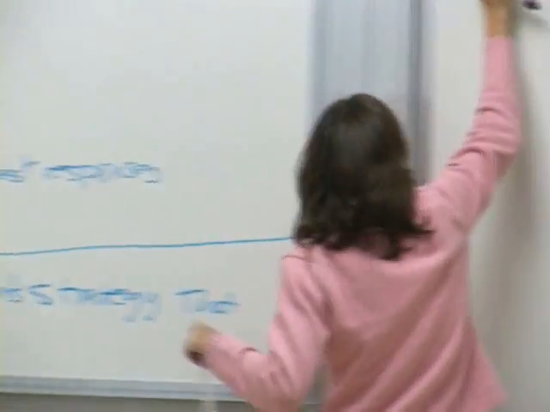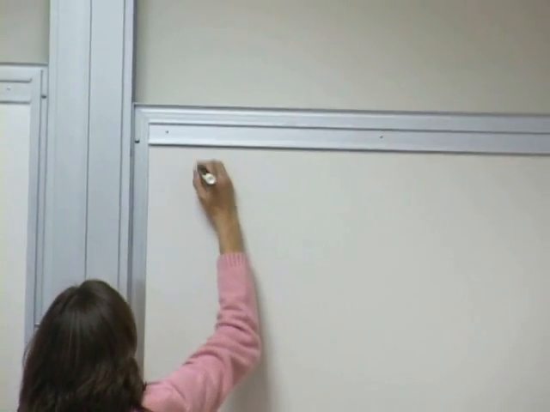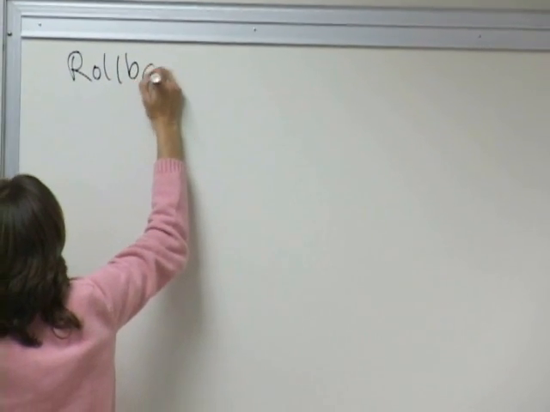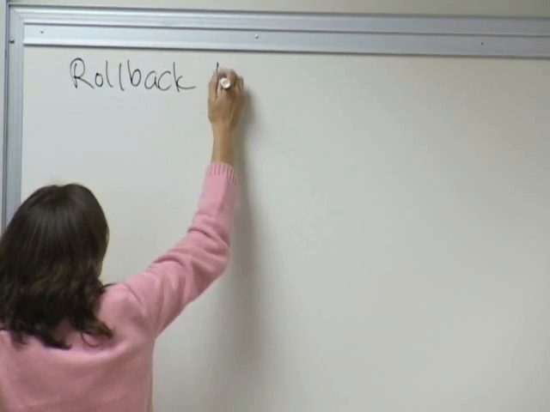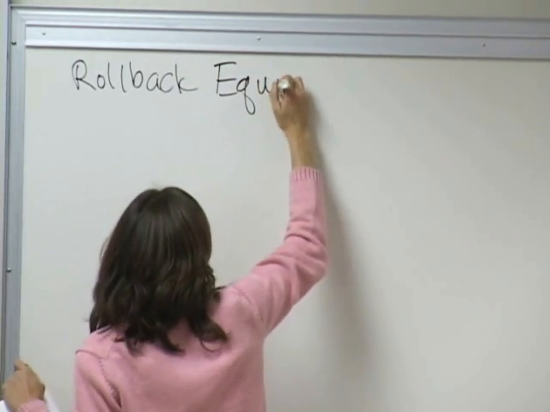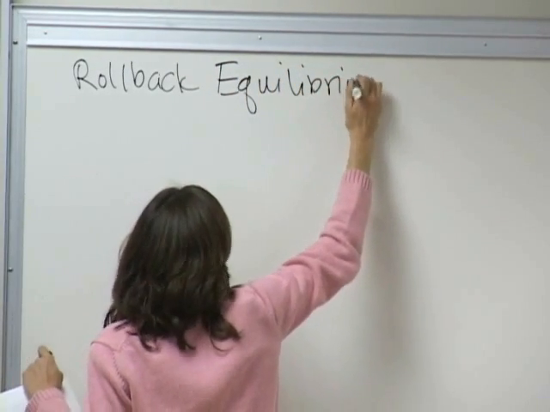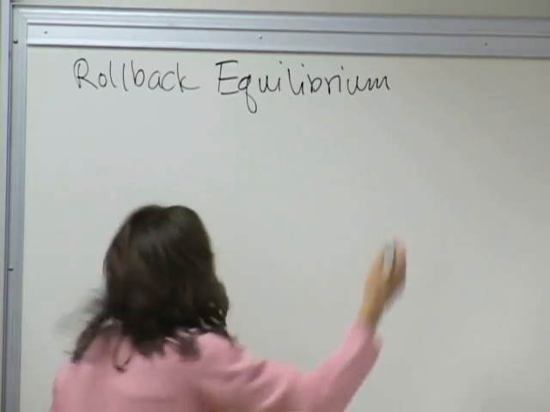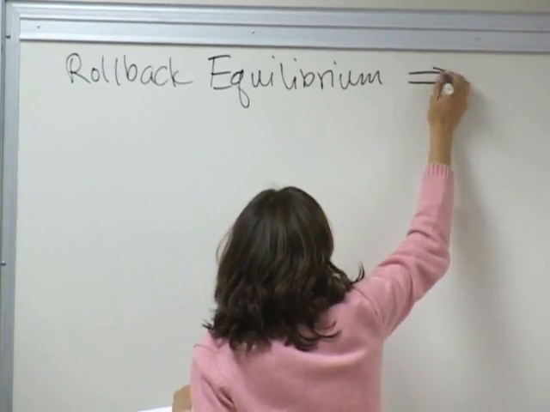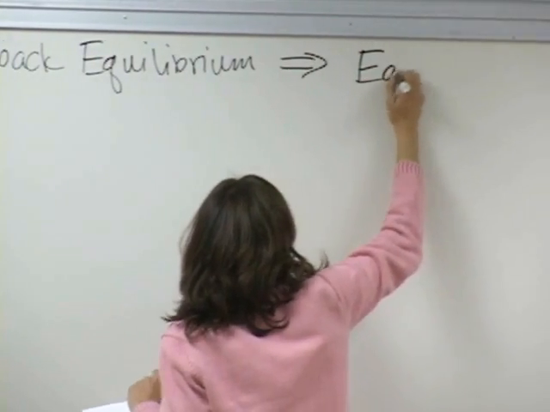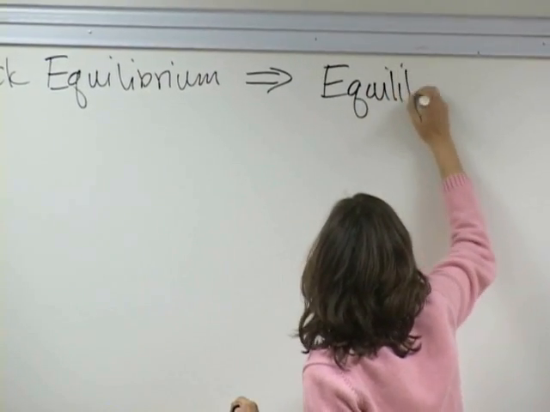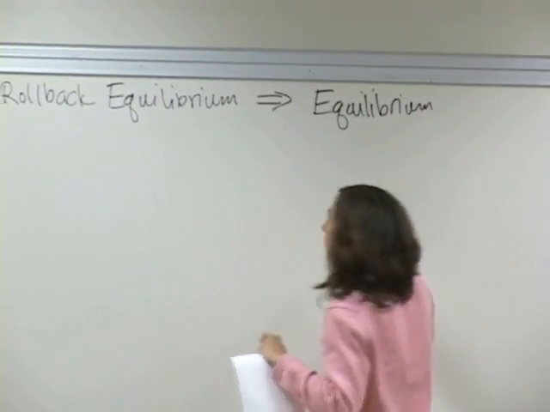So let's do a board right here. Rollback equilibrium, that's what the book consistently refers to it as, for right now is the same thing as what we're calling equilibrium. Okay?